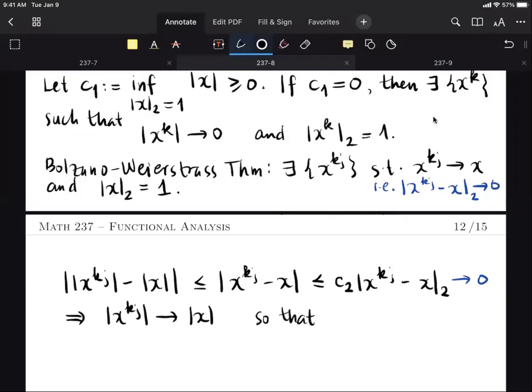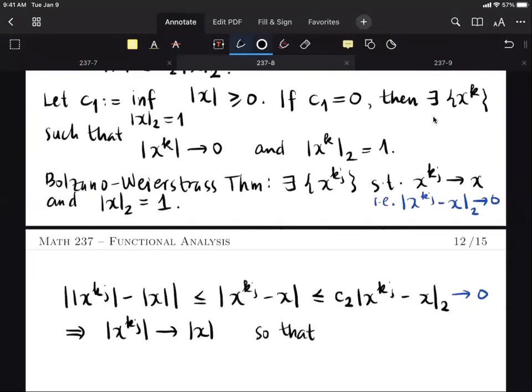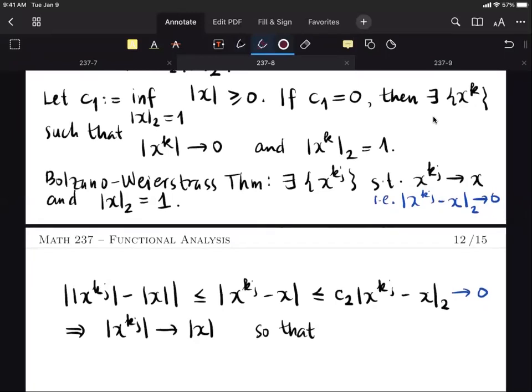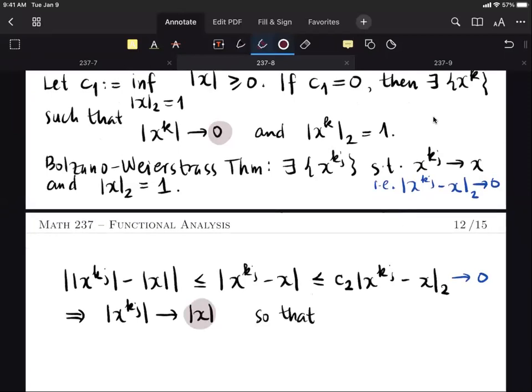So that by uniqueness, okay, what do we mean by uniqueness? Here we know that the whole sequence tends to 0. Here we have a subsequence that tends to the norm of X, okay? So if you have a convergent sequence, then any subsequence should also be convergent, and it must converge to the same limit.